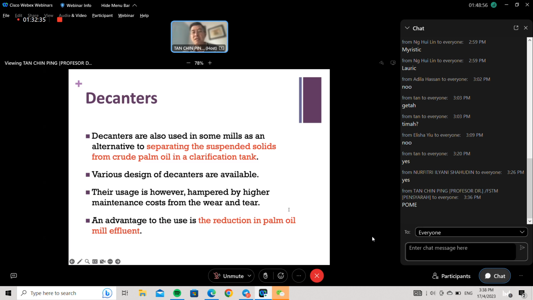Sometimes some people say that the cost to replace the discs is far more than the treatment cost for POME. So it is up to individual mills. Some don't want to use a decanter and prefer passive clarification in a clarification tank or settling tank, but some prefer to use a decanter because they don't have to wait for 1 to 3 hours.